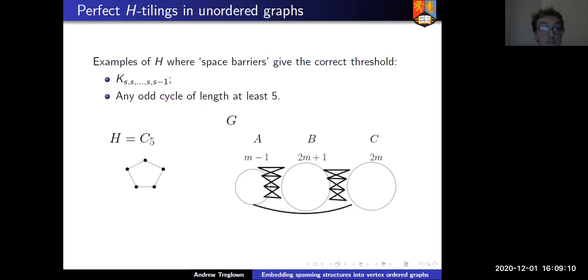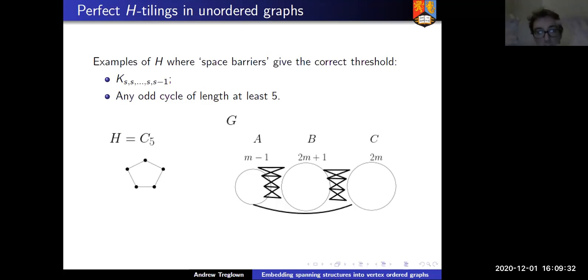So we're looking for a perfect C5 tiling. The Kühn-Osthus theorem tells us that if you've got minimum degree about 3n/5, then you have a perfect C5 tiling. And that's tight through the following example. So G has 3 classes A, B, and C, all possible edges between classes, but no edges inside of the classes.